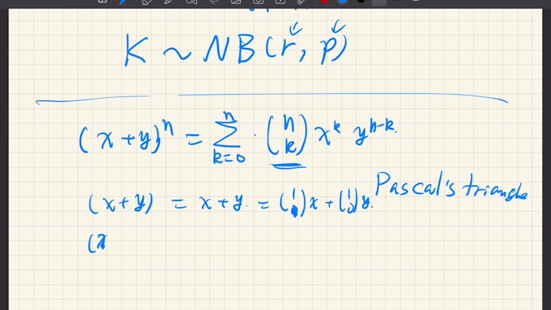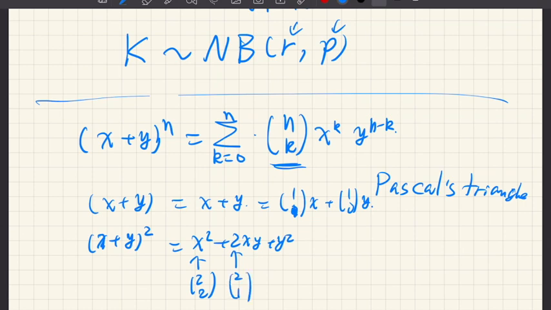And when it's x plus y squared, it's x squared plus 2xy plus y squared. And this is 2 choose 2, this is 2 choose 1, and this is 2 choose 0.